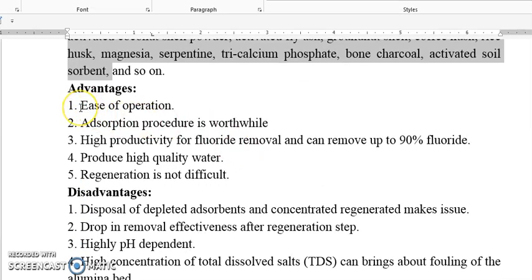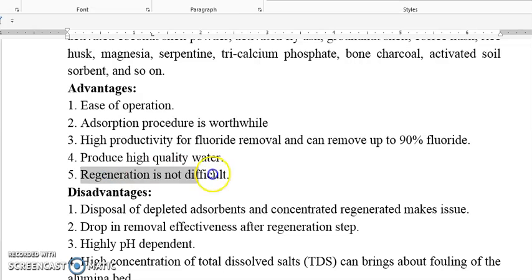Now, the use of adsorbents is very easy to operate. Procedure is worthwhile. High productivity for fluoride removal and can remove up to 90% of the fluoride. It can produce high quality water, and the regeneration is not difficult.